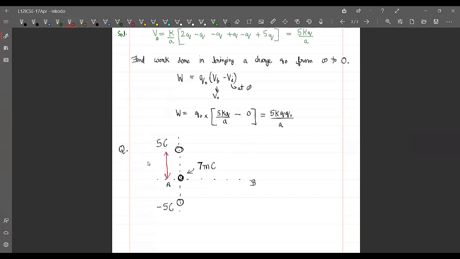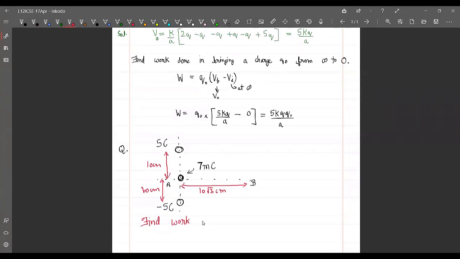Take this as 10 centimeter. This is also 10 centimeter. And this distance is given as 10 root 3 centimeter.